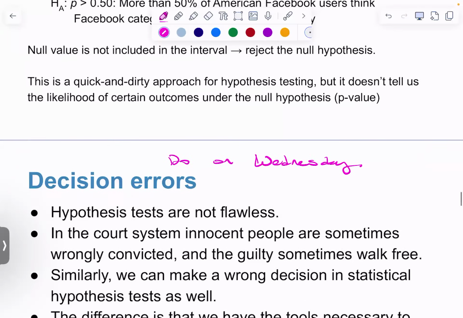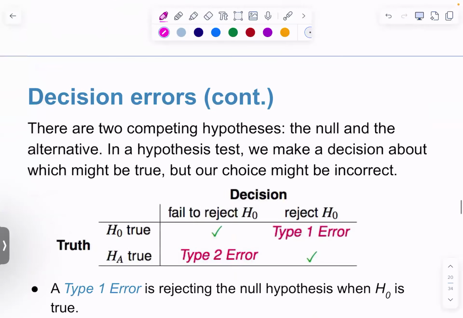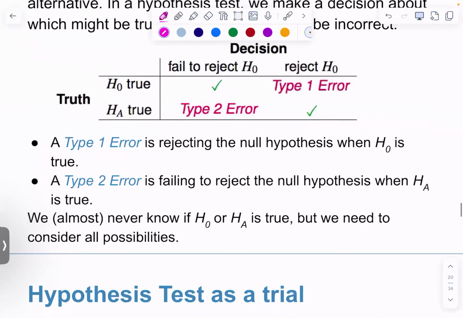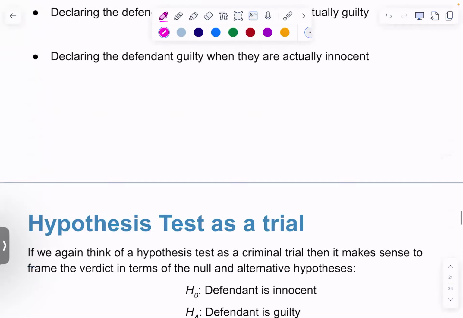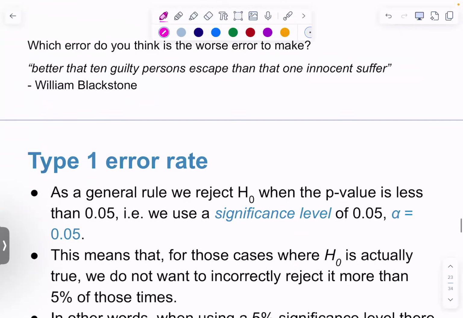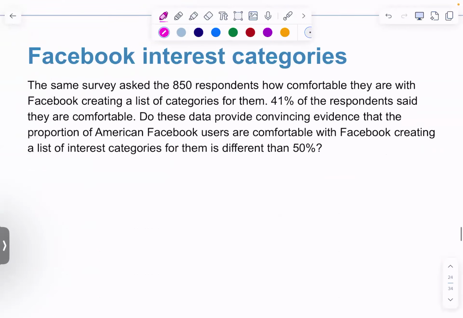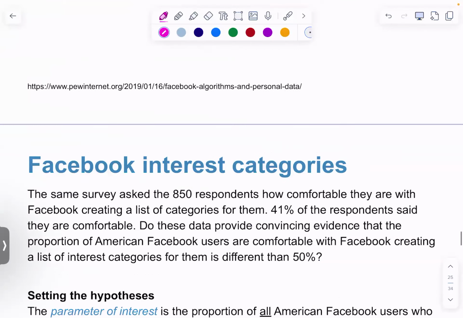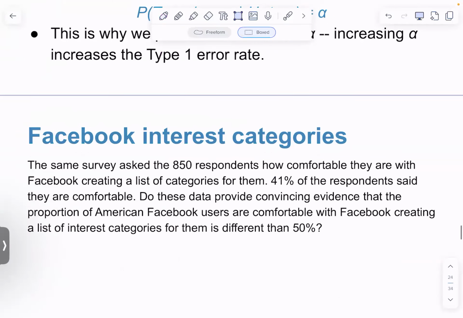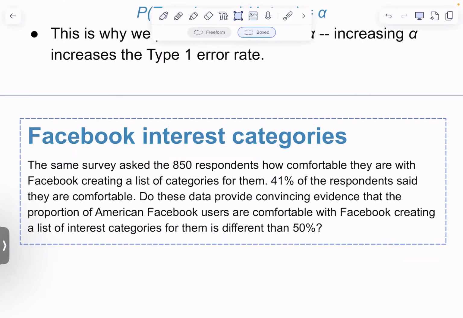Do on Wednesday. Because I didn't talk about decision errors, but of course there is a chance that we're wrong. But I want you to try. The answer is in the slides.